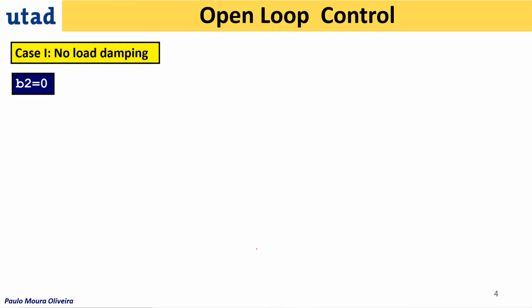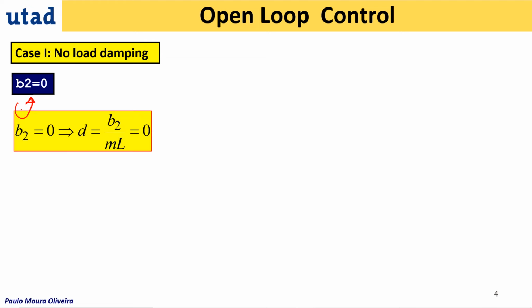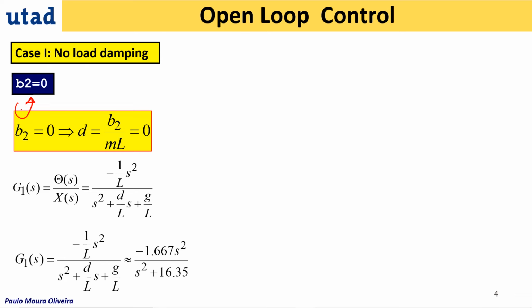The first case, case 1, is no load damping. This is a theoretical, ideal situation, where there is no damping at all in the load. So B2 is 0, D is 0, and the model reduces to this simple equation here at the bottom.